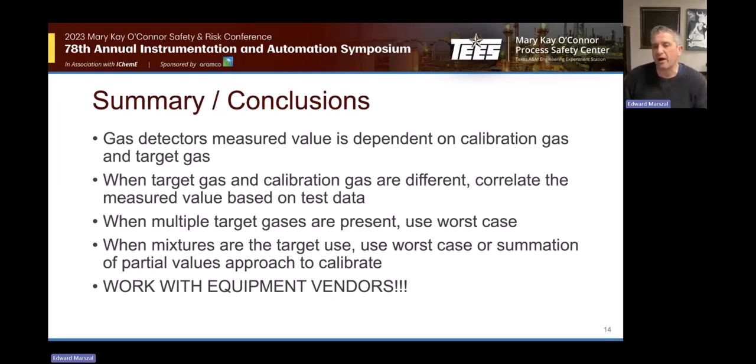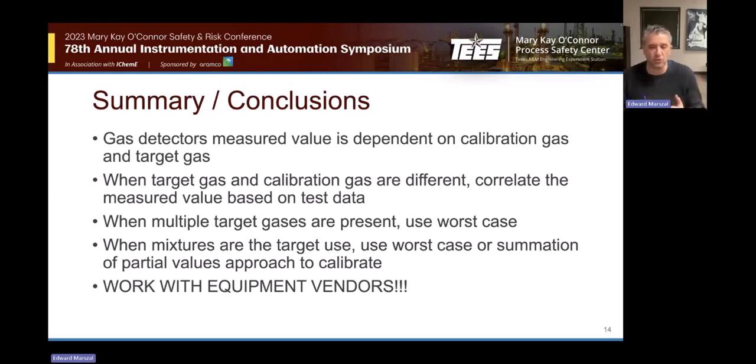You can set that up, but you have to understand that this is a human factors nightmare for your technicians who are going to be doing the calibrations, because the technician who's doing the calibration needs to know, okay, I only have one type of cal gas, but depending on what this detector is supposed to detect, I need to change what my reading is as a function of that gas.